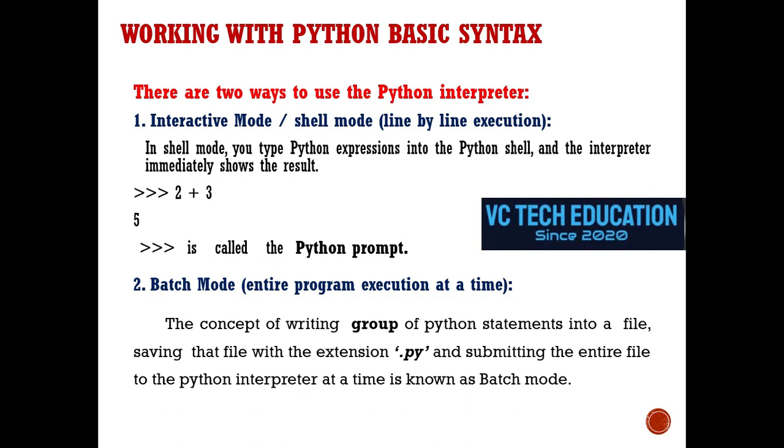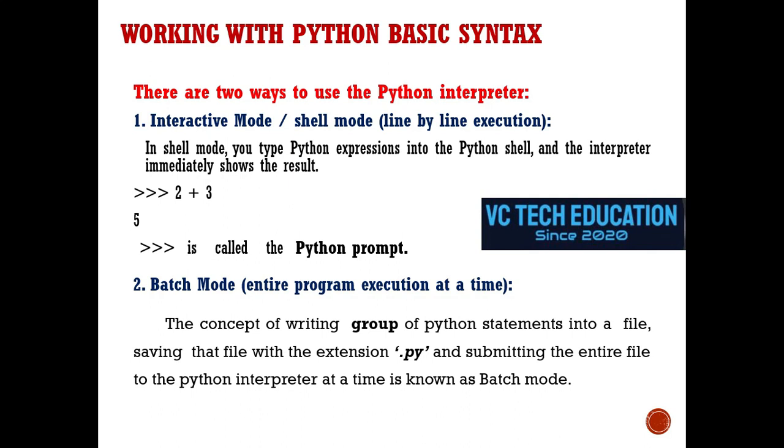In batch mode, the entire program is executed at a time. The concept of writing a group of Python statements into a file, saving that file with the extension .py, and submitting the entire file to the Python interpreter at a time is known as batch mode.